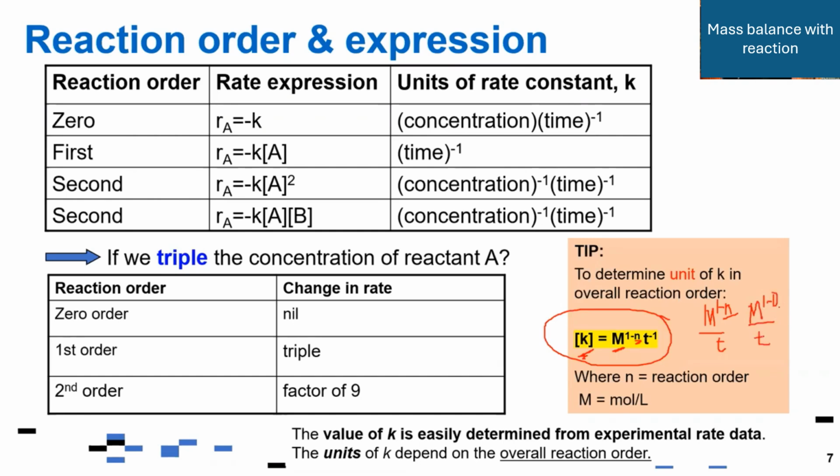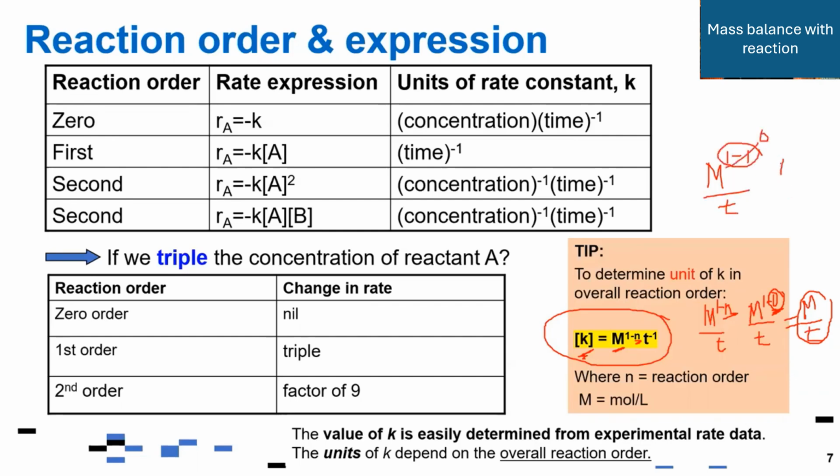M to the 1 minus 0 is M to the 1, so it becomes M over T. This M over T is basically the concentration over time, so molar per second. We put 0 here as n, so it means that this unit, molar per second, is the unit of zero order reaction. All right? If you want to put 1, for example, M^(1-1) over T, what happens? 1 minus 1 is 0.